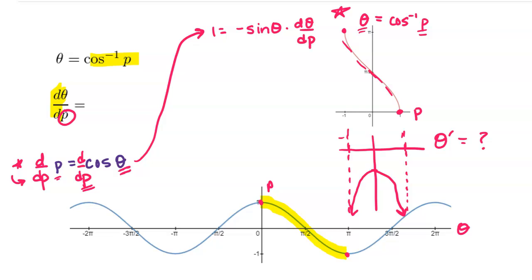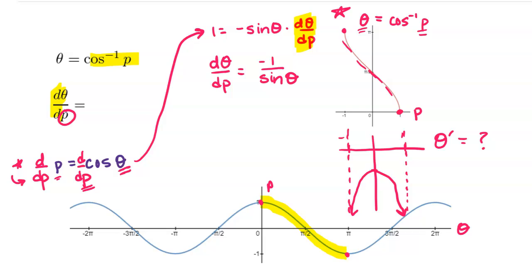Now this d theta dp is exactly what I want to know. So let's just solve for that by dividing both sides by minus sine of theta. So I have d theta dp equals -1 over the sine of theta.